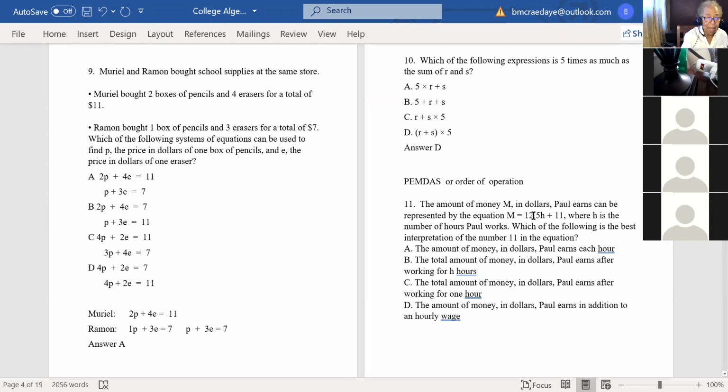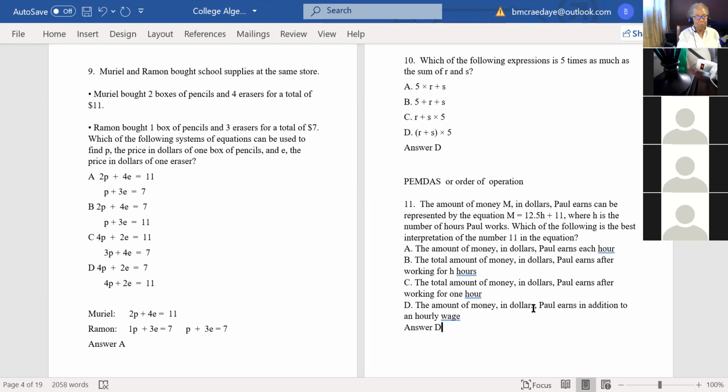The 12.5 times H, the hours, is his hourly rate. So you look for the one that says 11 is in addition to what he makes, and that's D, the amount of money in dollars earned in addition to an hourly wage. Audrey, you had it right, and so did Chastity. So the answer is D.